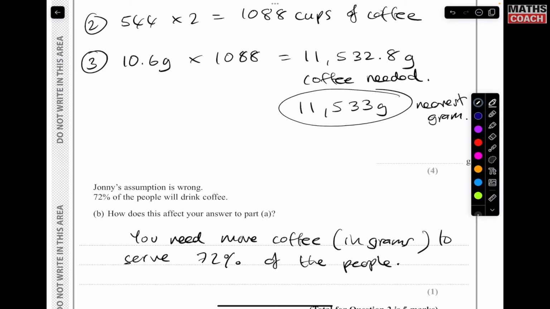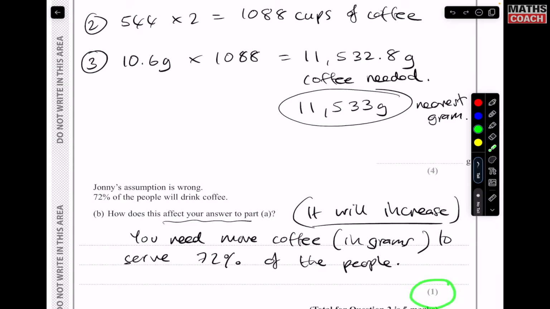Basically, how will this affect your answer? You could also just say it will increase. That's probably more straightforward. And it's only for 1 mark anyway, so examiners are just looking for that word increase or more, and you've mentioned it in either way.